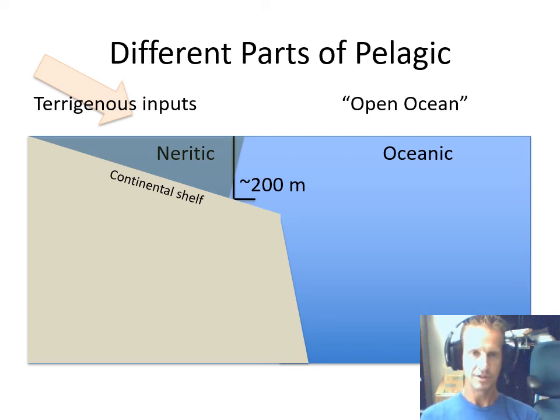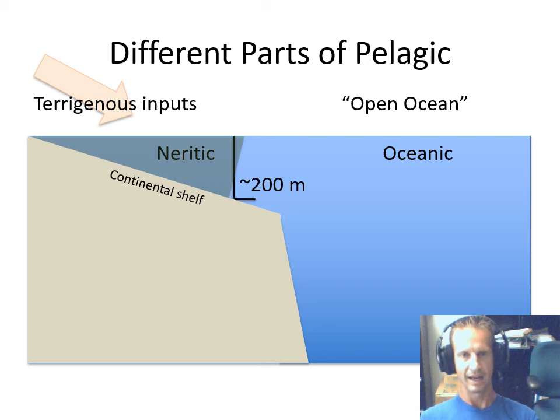The neritic zone is different from the open ocean zone biologically and chemically, largely because it has more interactions with the terrestrial environment. There are terrigenous inputs of sediments, nutrients, pollutants, and other influences from the land. And also because the water is shallower in the neritic zone, there can be more interactions between waves stirring up the bottom and organisms moving between the surface and the bottom.